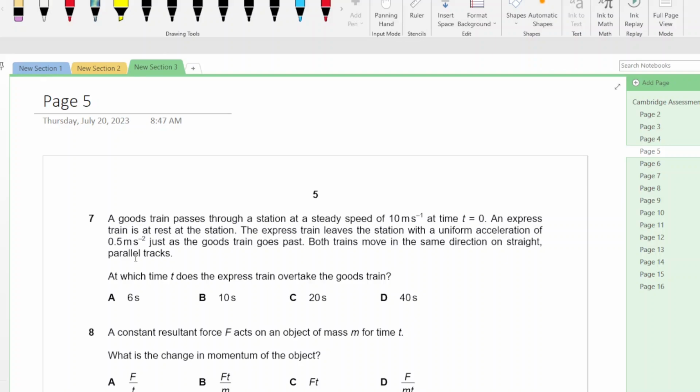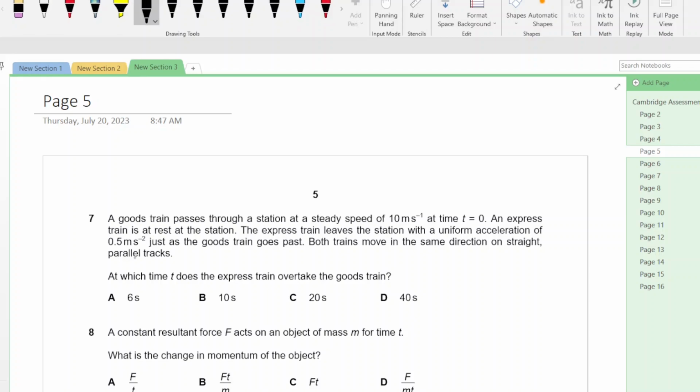The express train leaves the station with uniform acceleration of 0.5 meter per second squared, just as the goods train goes past. The trains move in the same direction on straight parallel tracks. At which time t does the express train overtake the goods train?